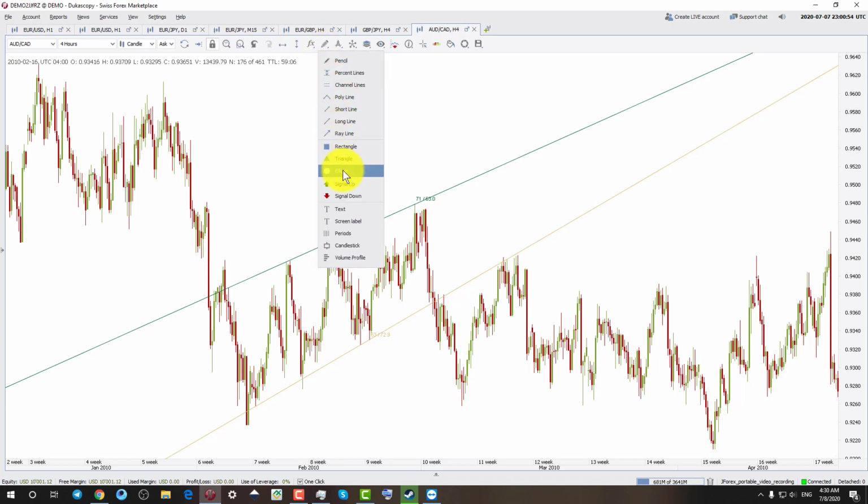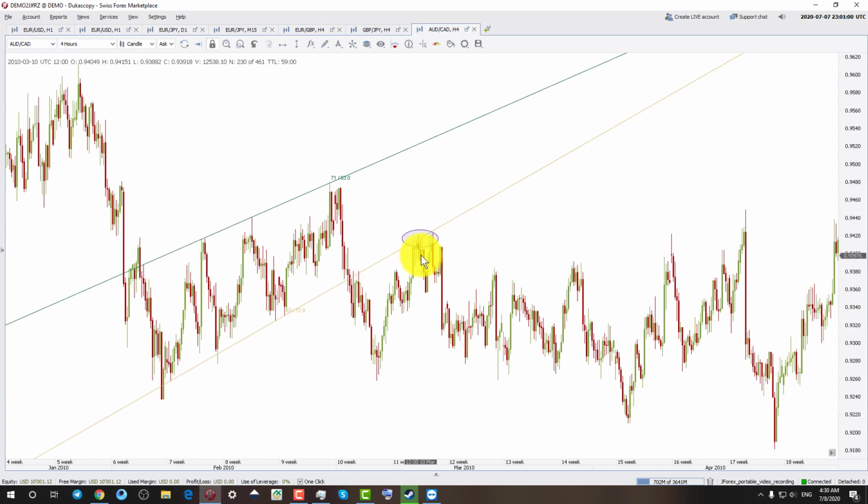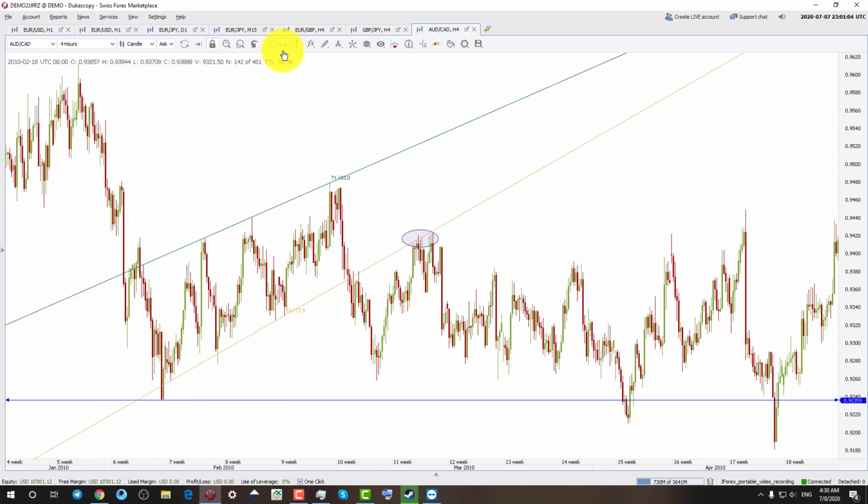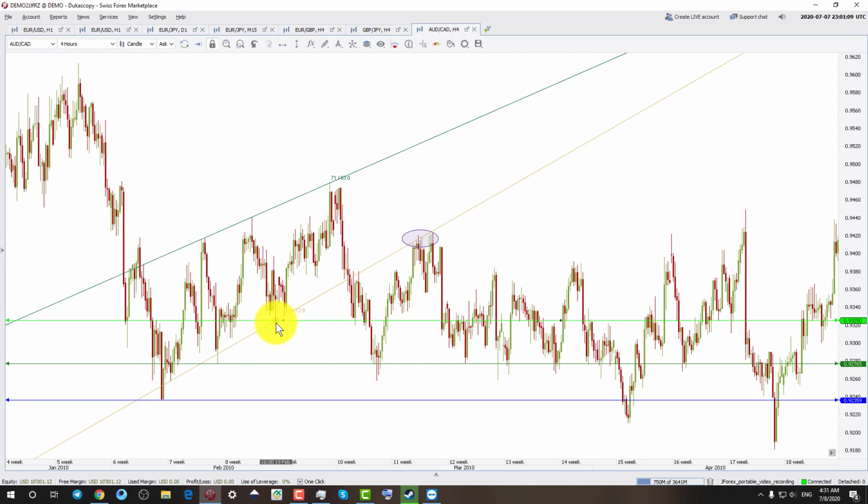You see, this was the retest of this broken line as a fresh resistance, and then eventually the price broke lower. Then it tested all these lows, this low, this low, and this low. So all the targets were achieved in this case.